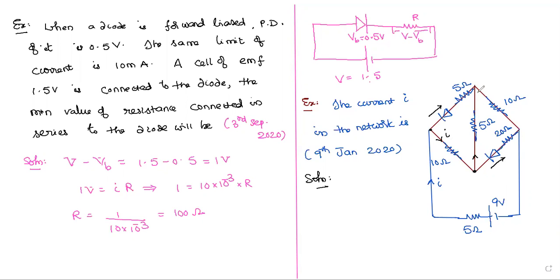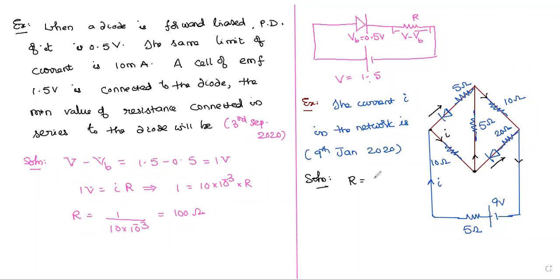There is a chance to flow like this, so it goes like this, and then as usual it comes like this. That one directly flows like this and reaches the battery. That's why here current is not splitting anywhere, all of them are in series. I think now you understood.